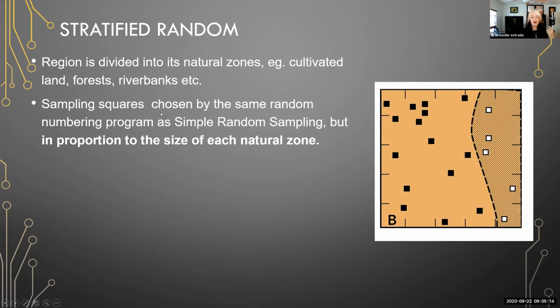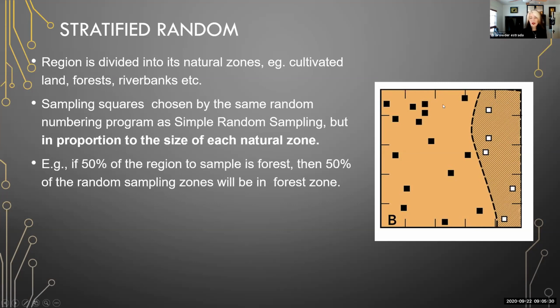And then the sampling squares are chosen the same way that we just talked about with simple random, but you make the machine be sure to assign a percentage that fits the percentage of the environment.